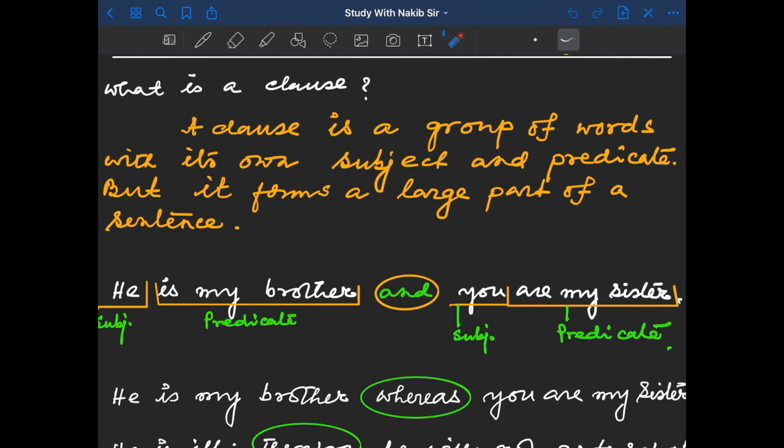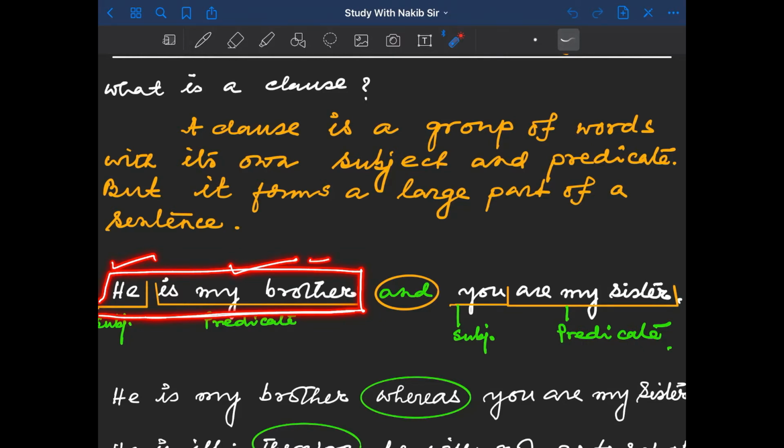Because a sentence is also a group of words with its own subject and predicate, but it gives a complete sense. But here this group has its own subject and its own predicate, but it cannot give a complete sense because it is a part of this long sentence. A part cannot give a whole sense. So this group of words is not a sentence.